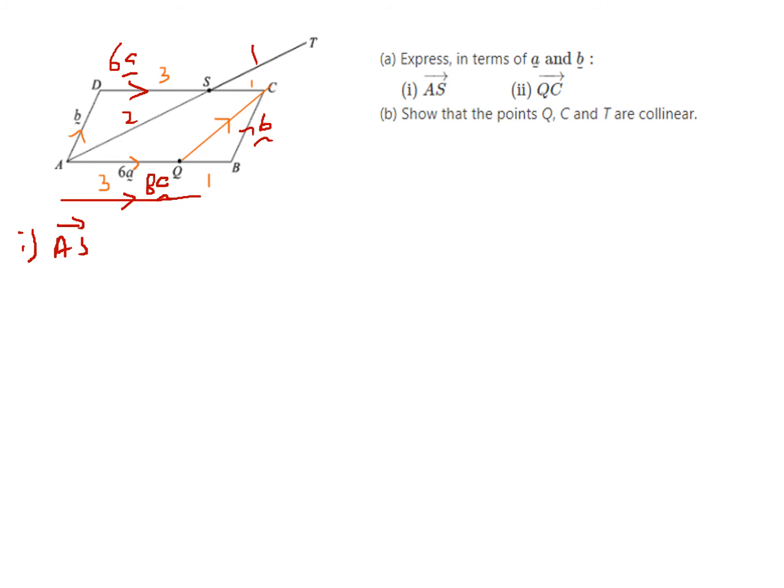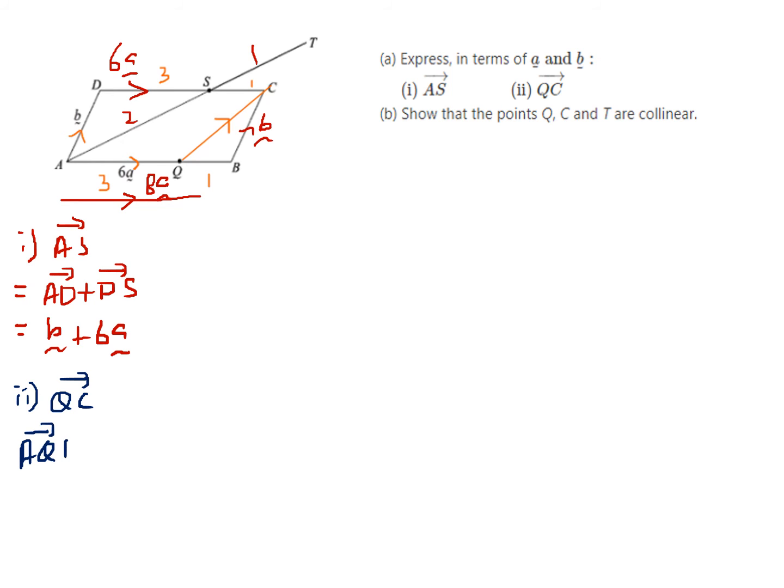By using the triangle law, vector AS equals vector AD plus vector DS, which is equal to vector B plus 6 vector A. Vector QC. By using the triangle law, vector AQ plus vector QC equals vector AC.